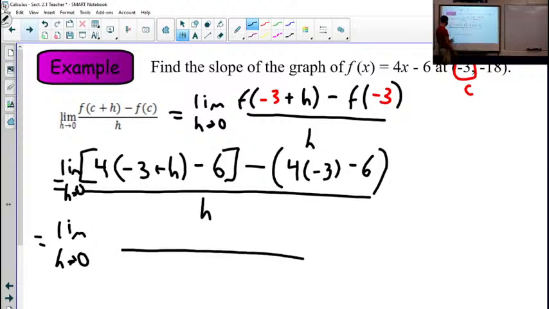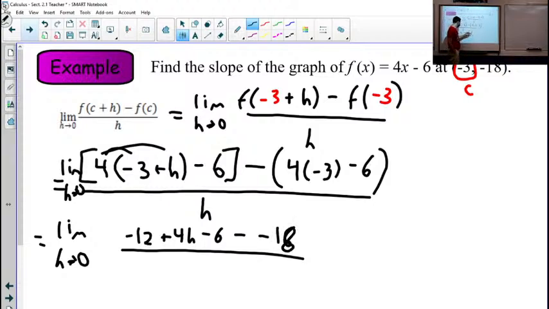Here we go. 4 times -3 is -12, so we're distributing this 4, plus 4h, minus 6. Minus 4 times -3 is -12, minus 6 is -18.